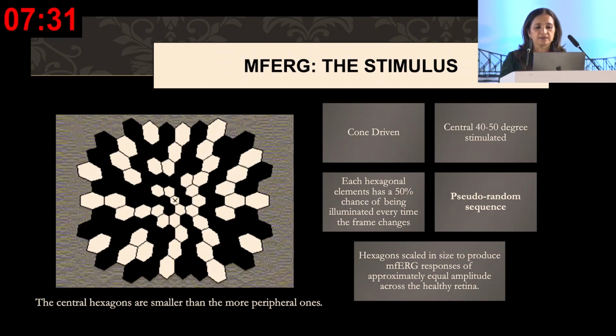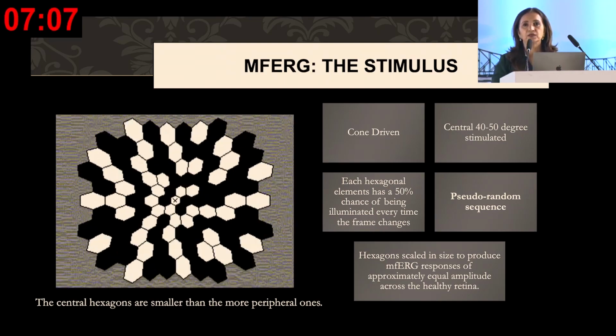Because it elicits response from 40 to 50 degrees, we know it is the central area which is stimulated, and that is largely dominated by cones, plus we do it in light adapted conditions, so it is the cones which respond. You can see that the size of the hexagons is not uniform. Some in the center are smaller, peripheral ones are larger.